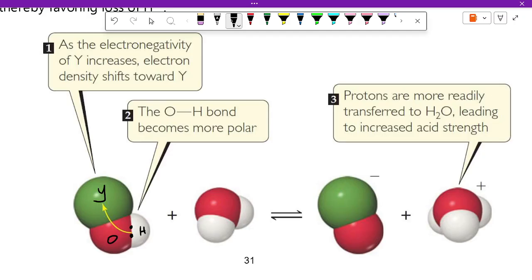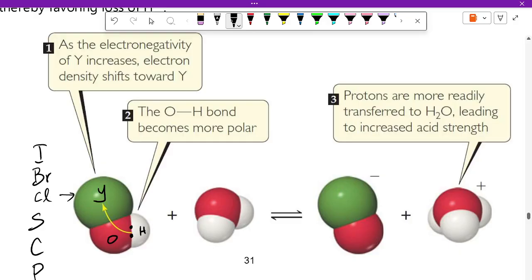So Y could be Cl, S, carbon, phosphorus, Br, or I. We're not talking about hydroxide groups now, we're talking about hydroxyl groups, okay?